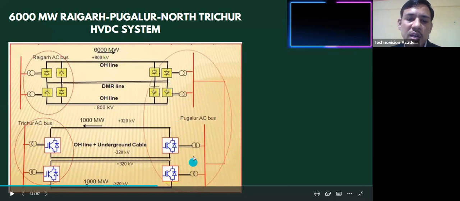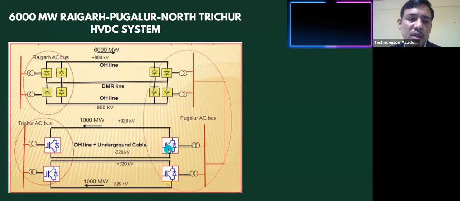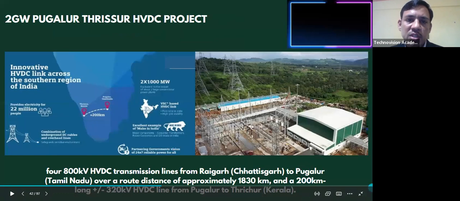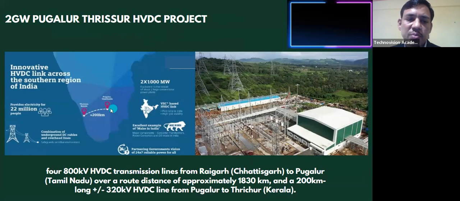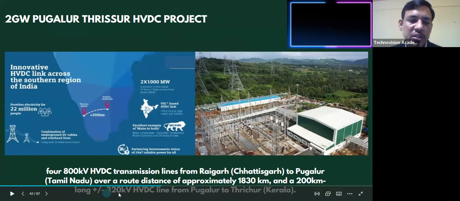That is a different study for engineers. So this is a 2 gigawatt Pugalur Thrissur HVDC. Especially this is the first HVDC based on VSC, voltage source converter, in India. It is plus minus 320 kV, 200 kilometer distance.